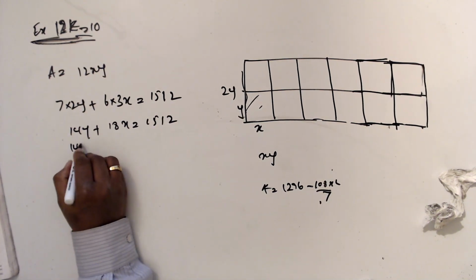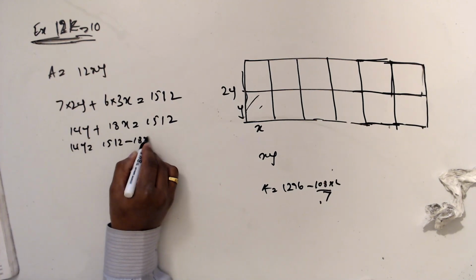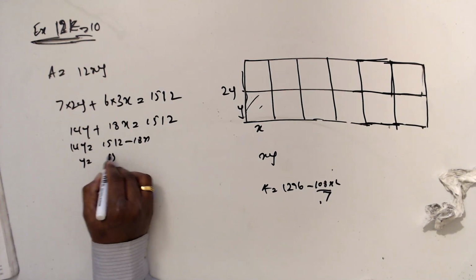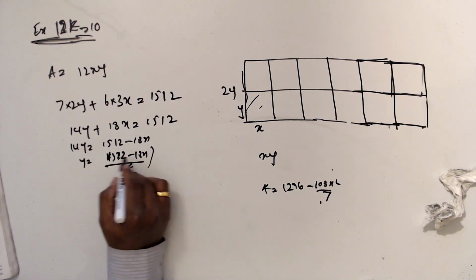So 14y equals 1512 minus 18x, y equals 1512 minus 18x over 14.